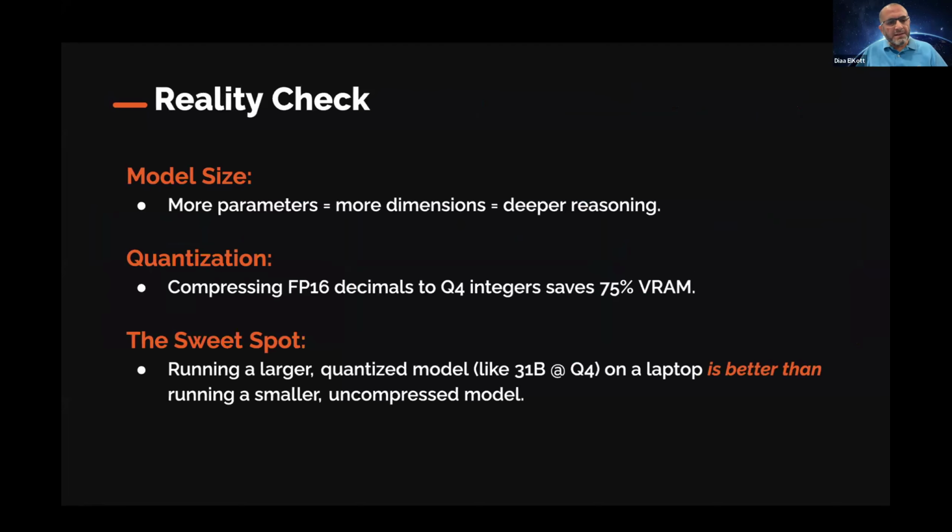Here's a reality check. As mentioned before, more parameters in a model, like 700 billion parameters in the frontier models, Gemini and what have you, mean more dimensions.